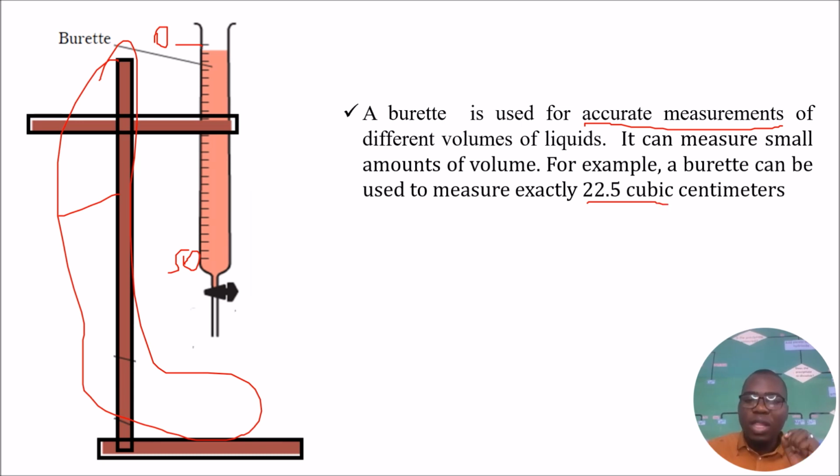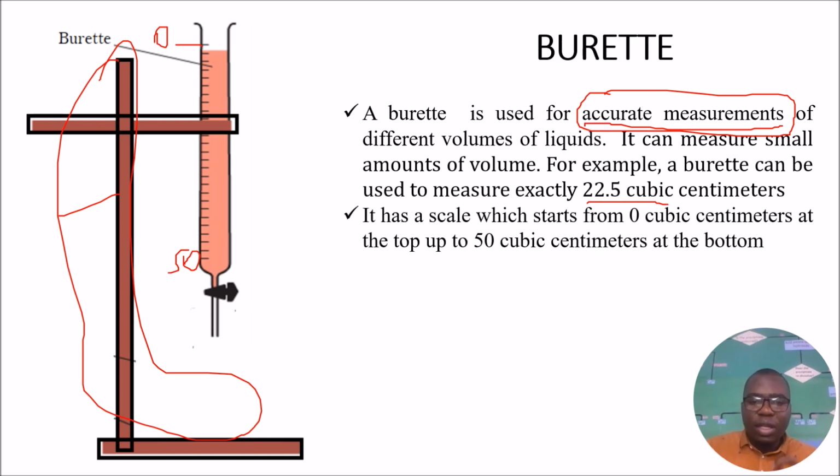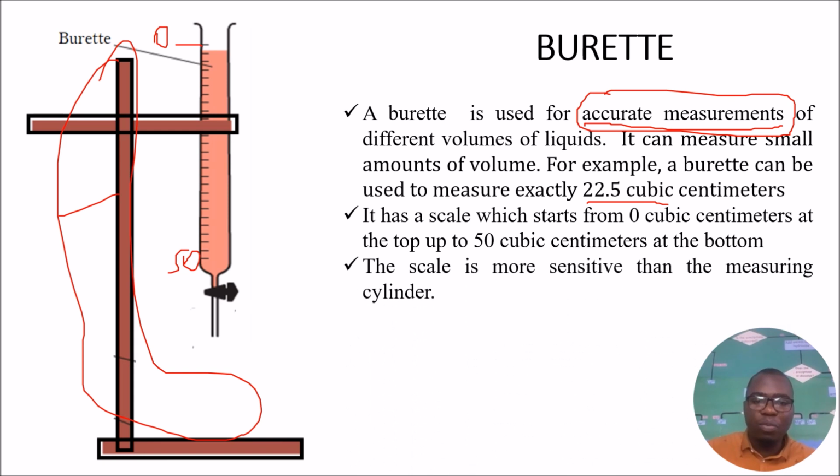So the bottom line here is this one is used to measure accurate measurements of different volumes of liquids. Okay, so that is a burette. It has a scale which starts from 0 cubic centimeters at the top up to 50 cubic centimeters at the bottom. So the scale is more sensitive than the measuring cylinder.